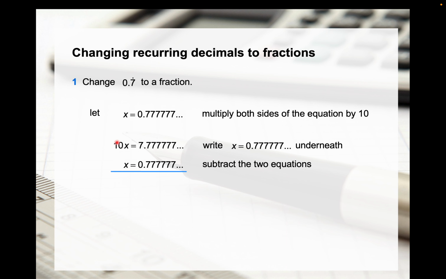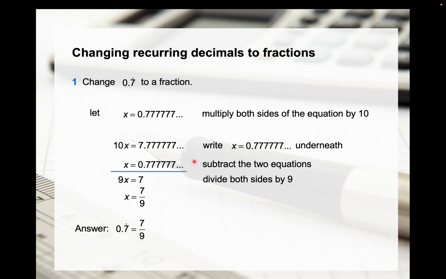So it's left-hand side taking away left-hand side, right-hand side taking away right-hand side. 10x minus x is 9x, and 7.777 minus 0.777 gives you just 7. Then by dividing both sides by 9, you have x equals 7 out of 9. If you take your calculator and check, you will see 7 out of 9 equals 0.7777 recurring.